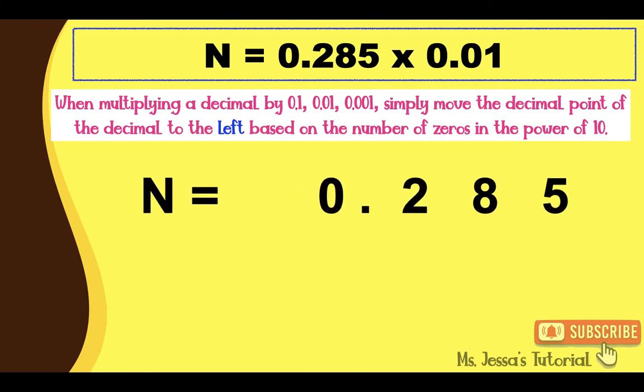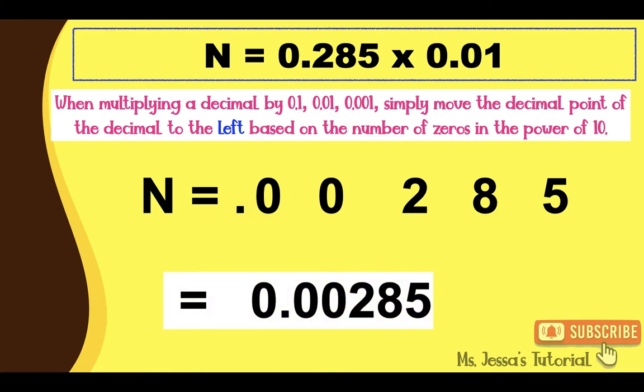So we're going to move the decimal point twice to the left. Okay, let's do it together. 1, 2. So the decimal point will be here. And then, since we don't have a digit beside the decimal point, we're going to put 0 here. So the product is 0.00285.